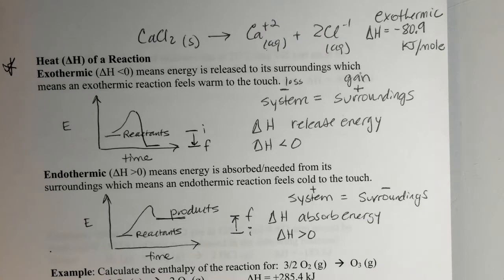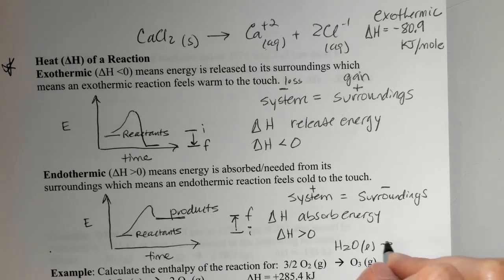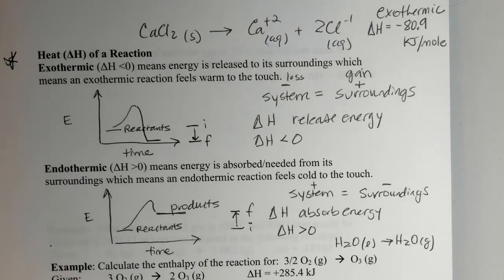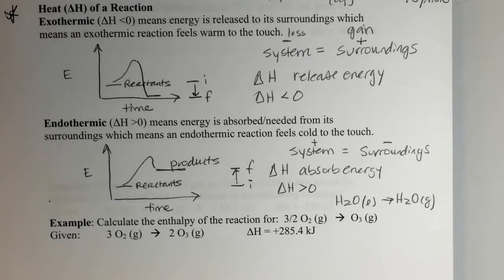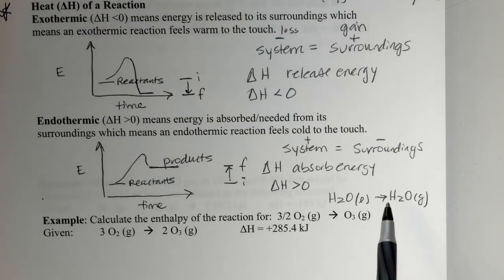And so in this case, the system is absorbing energy, which means the surroundings is supplying that energy and losing energy. So my favorite example here is when we evaporate water. We know that in order to boil water, we have to put energy into it. We know that because we put the pot of water on the stove and turn on the heating element, and then that makes our water eventually come to a boil. But remember, that simple process is how we keep our body temperature cool. Because when we start to overheat, we sweat. And as that sweat evaporates, that particular system is endothermic.